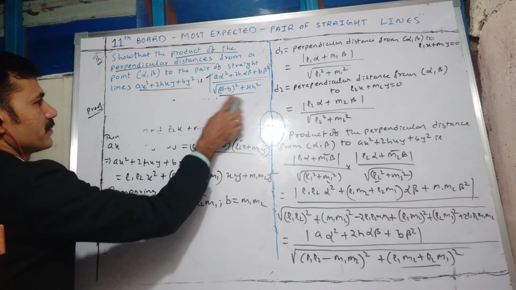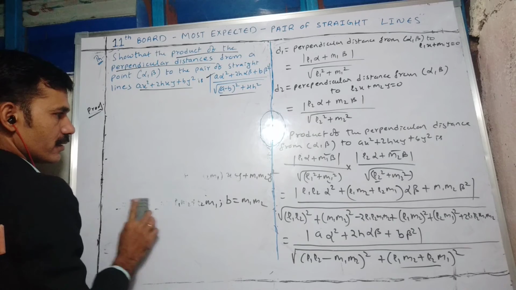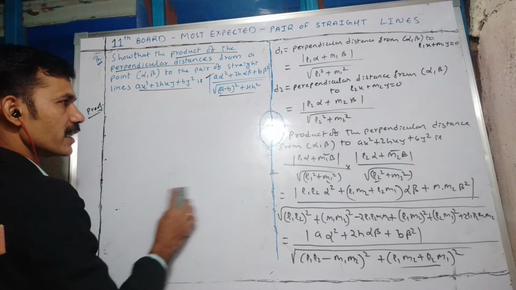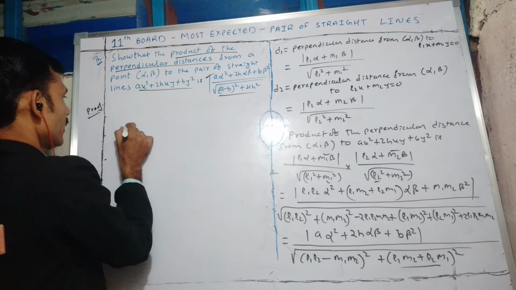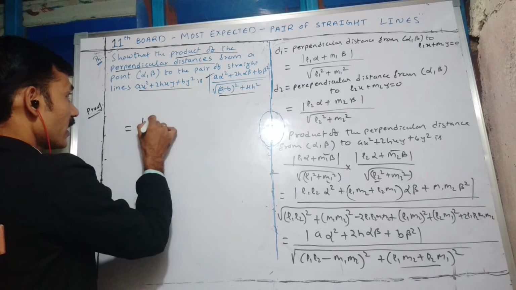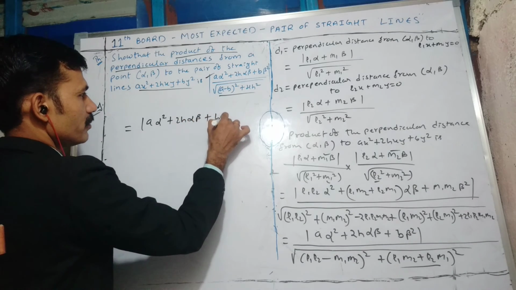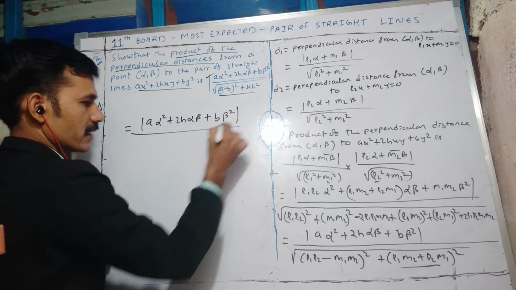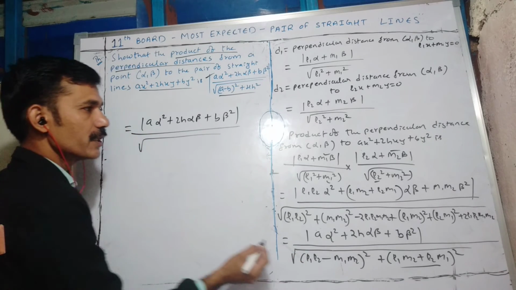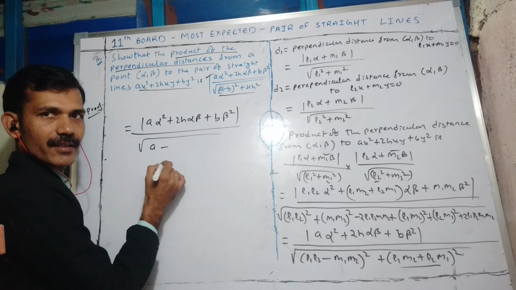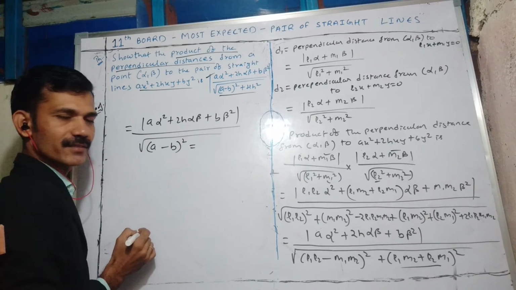So here I will write. Product of perpendicular distances from alpha beta to the given pair of straight lines is: numerator we are having a alpha square plus 2h alpha beta plus b beta square. Denominator we should get under root of this. L1 L2 I can replace with a. M1 times M2 means I can replace with b. A minus b whole square I got.